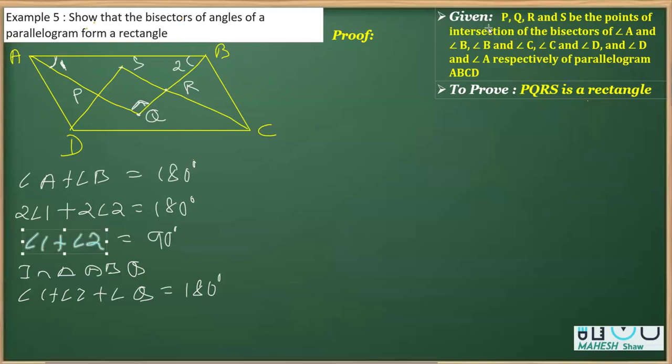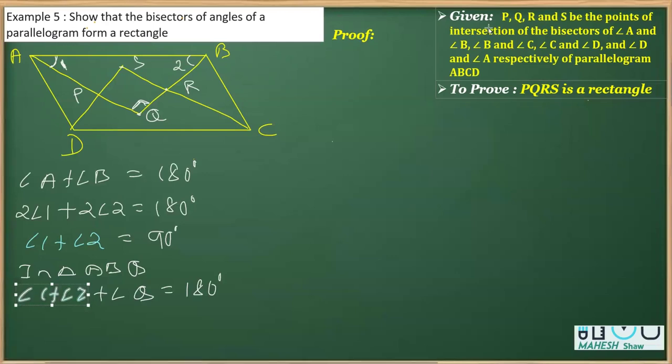As you know, the sum of angles 1 and 2 is 90 degrees, so I can replace it with 90. So we'll get 90 plus angle Q is equal to 180 degrees. On transposing, I'll get the value of angle Q as 90 degrees. So mark this equation 1; we proved one angle is 90 degrees.